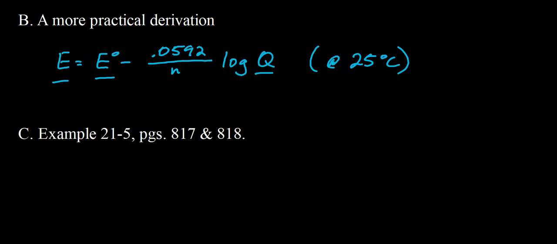Now it says that the concentration of iron 2 is 5 times that of iron 3. So if we write our reduction half reaction, the iron 2 is the product, and so we're going to put iron 2 on top. Its concentration is 5 times that of iron 3.